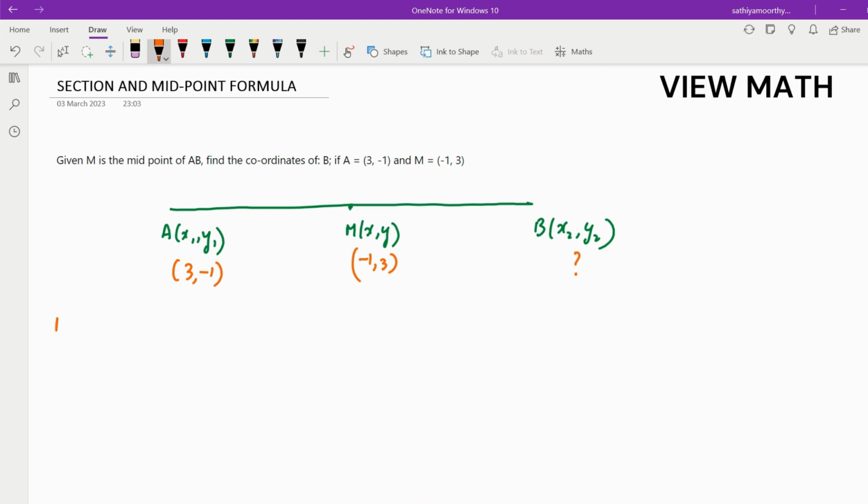I'm going to use the midpoint formula to find the B coordinate. Midpoint is equal to (x1 plus x2)/2, (y1 plus y2)/2.